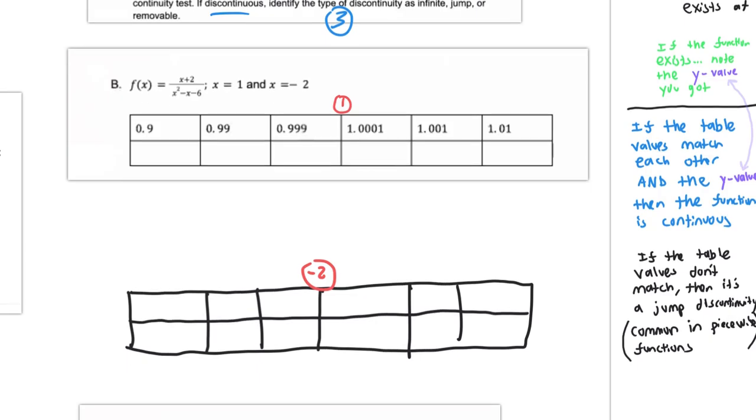Since it's negative, if you go to the left a little bit, that's going to be -2.001, this would be -2.01, this is going to be -2.1. So I'm modeling that off of what the teacher had provided over here. This was a positive one, so it looks like that over here. This is a -2, so it's going to mirror that on that side.